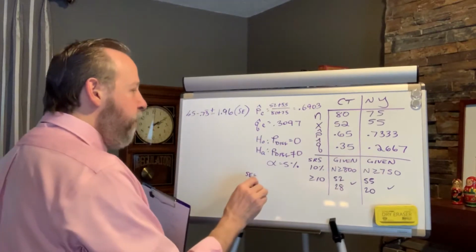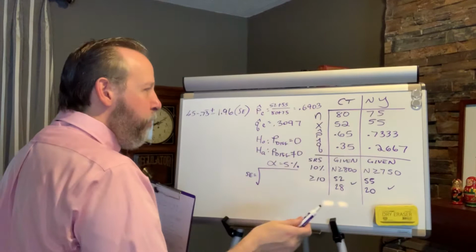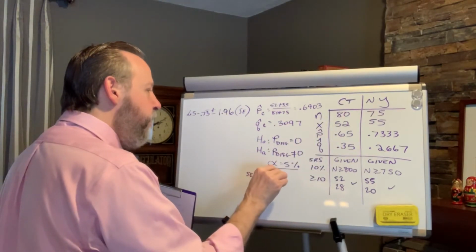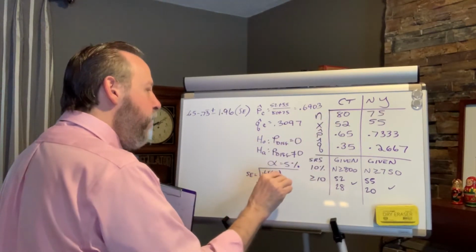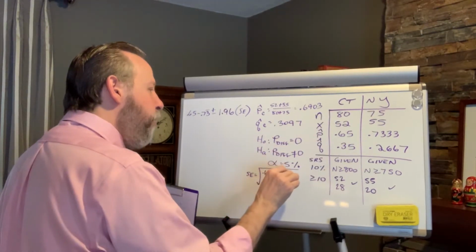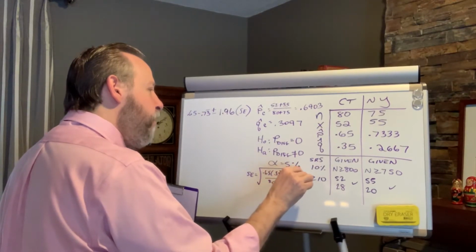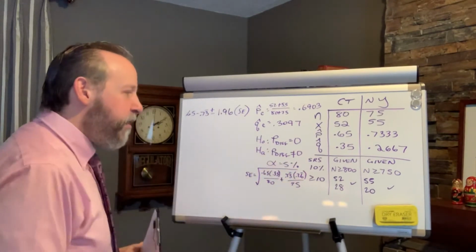The standard error is the square root of the two sample proportions. So we have 0.65 times 0.35, p hat q hat, over 80, the n, and 0.73, and I'm going to abbreviate this, times 0.26 repeating over its sample size 75.